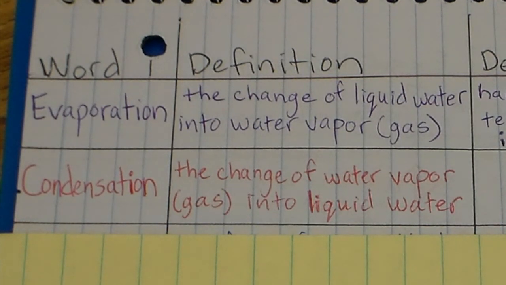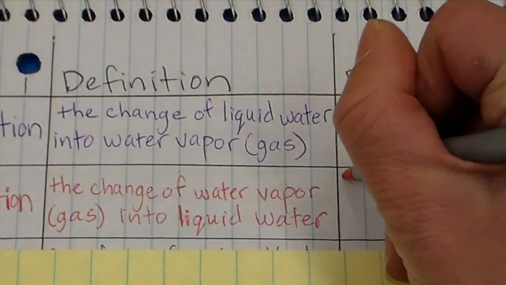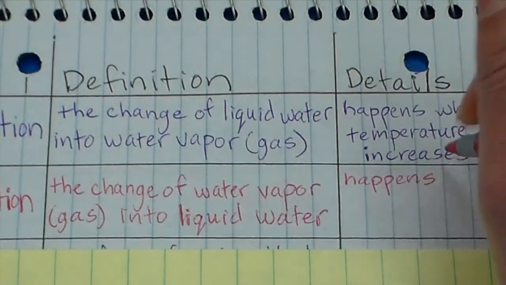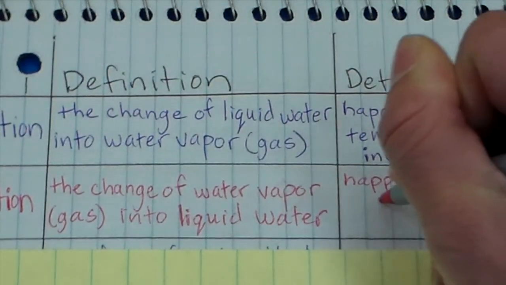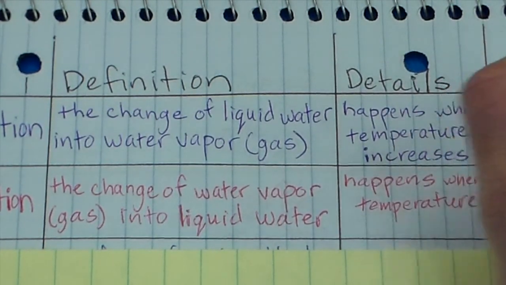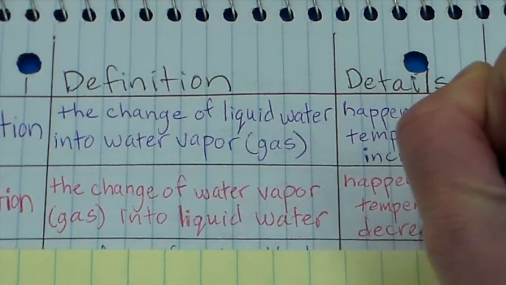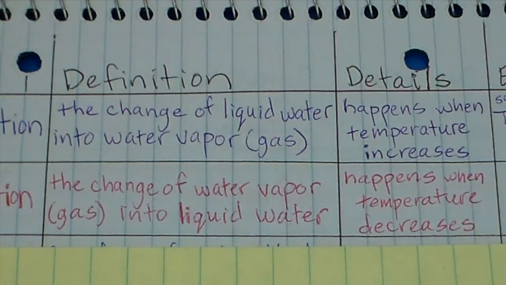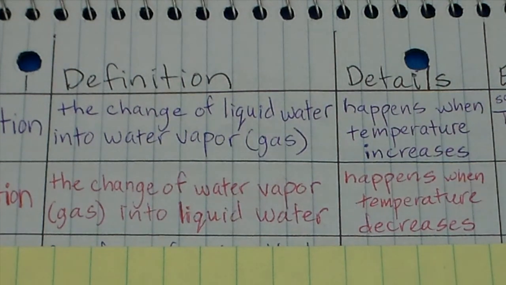So this is going to happen when the temperature decreases, right? Where there's going to be less energy. So condensation happens when temperature decreases. With a temperature drop, we're going to have less thermal energy, and so the atoms are going to move closer to each other.